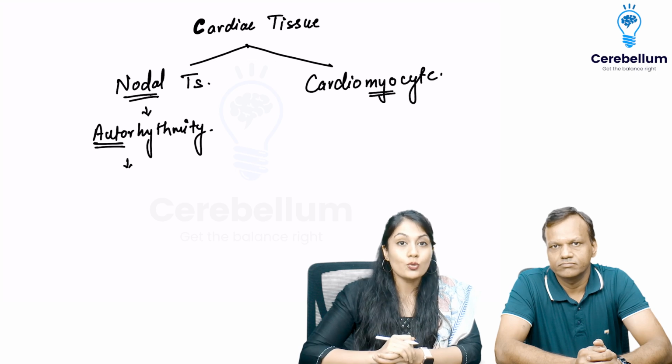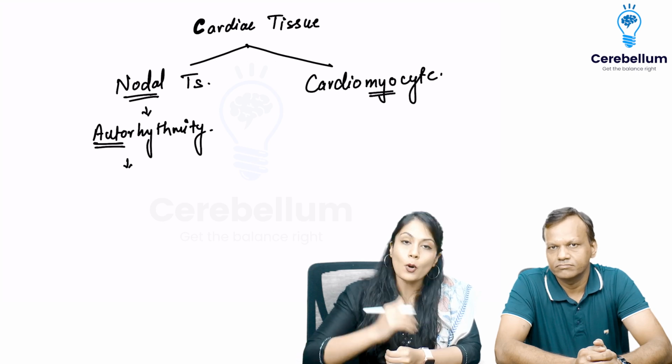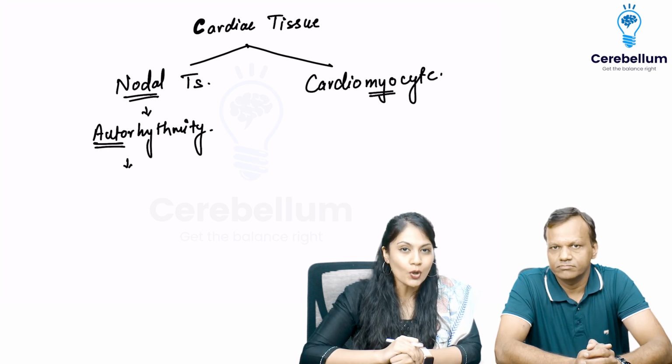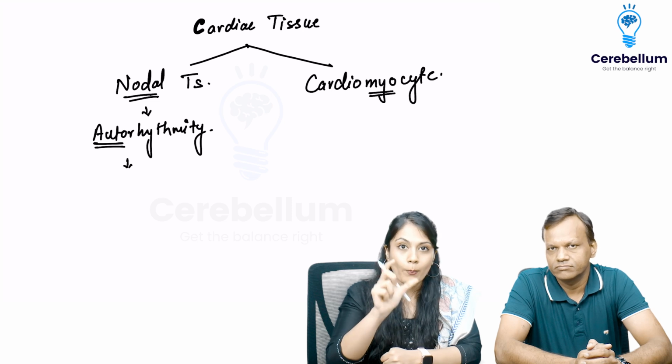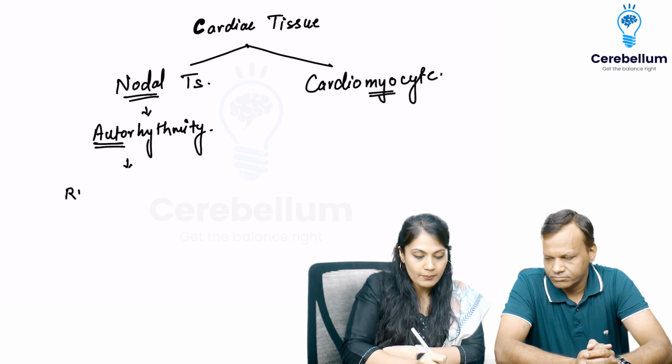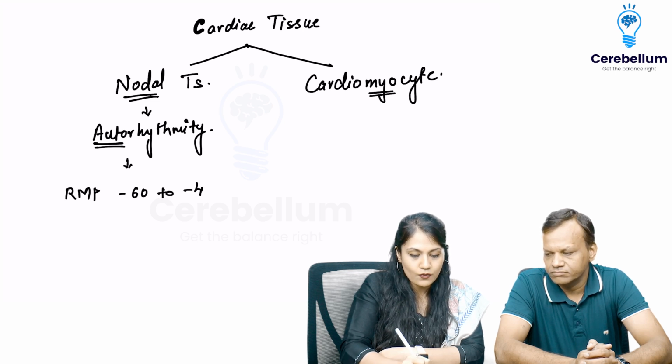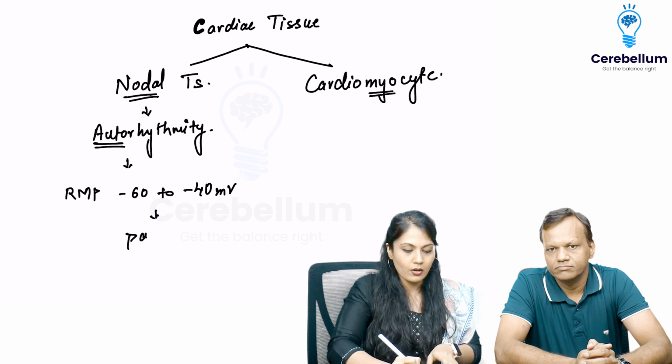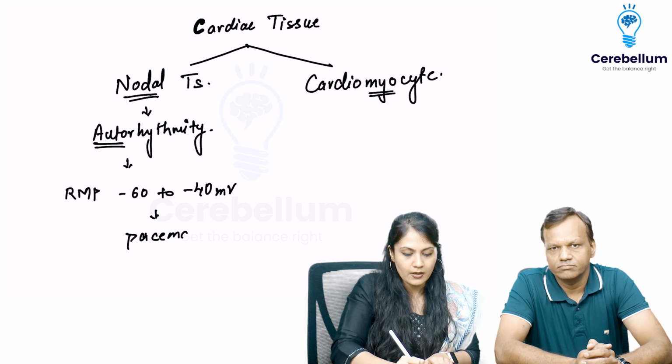Of course, it is the potential which is going to give this property to the nodal tissue. Specifically, that property from the RMP of minus 60 to minus 40 millivolt is known as pacemaker potential.